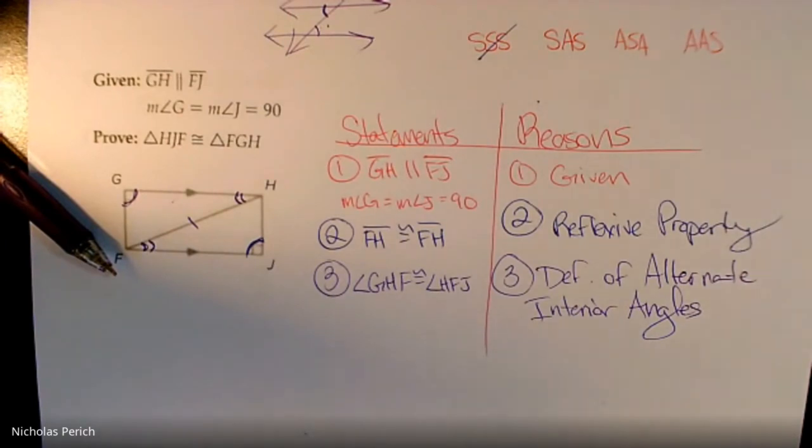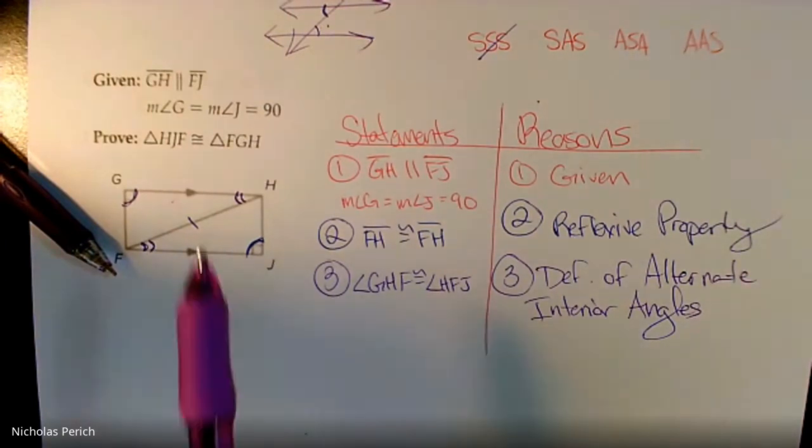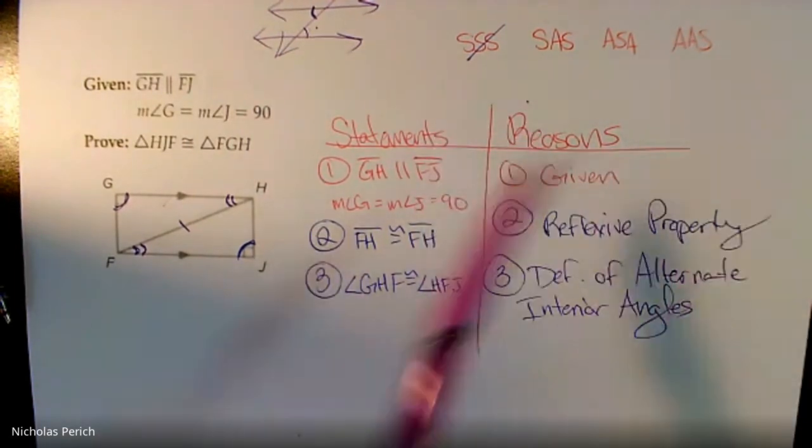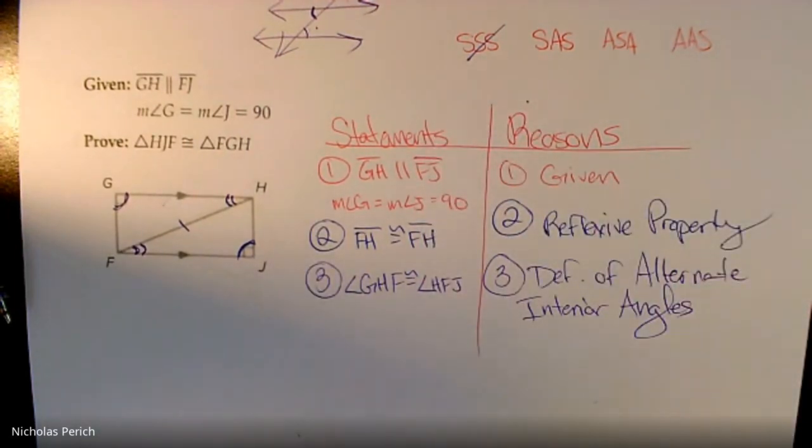Can I now prove that these 2 triangles are exactly the same? And if I can, which one of these properties can I use? Do I need more information? No, we don't need more information.